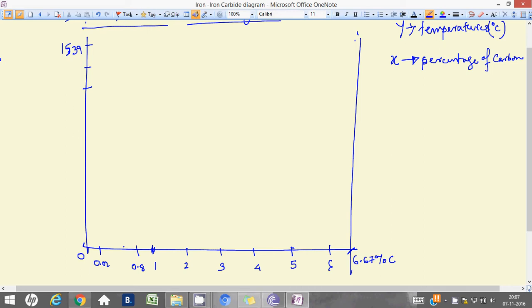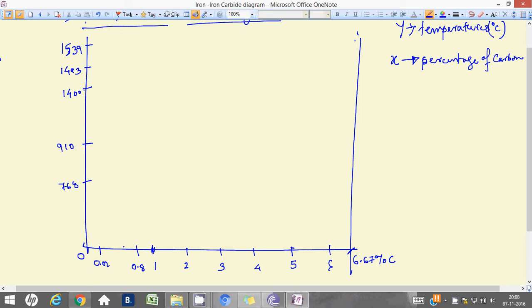We'll mark this later. This one is 910, and this one is 768, already in degrees Celsius. So this is 1400 and this is 1493.